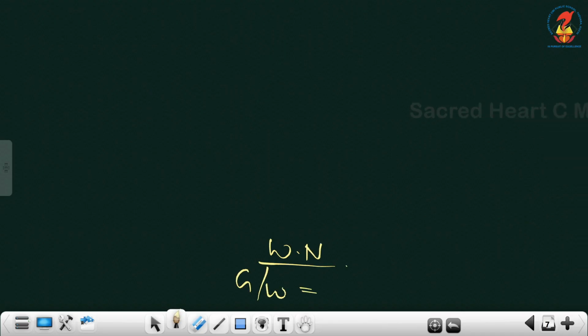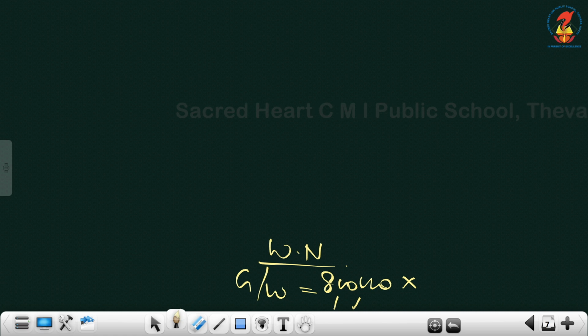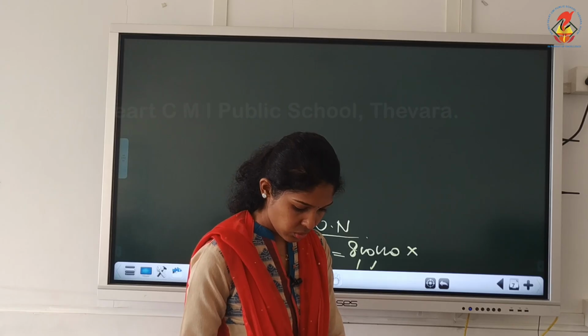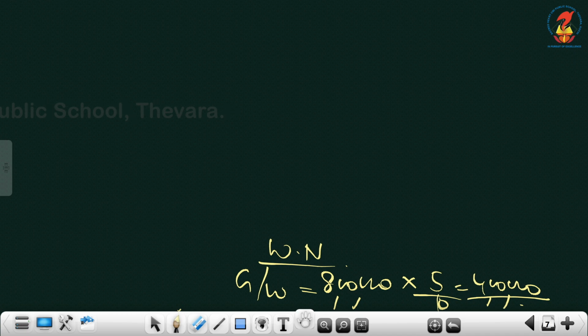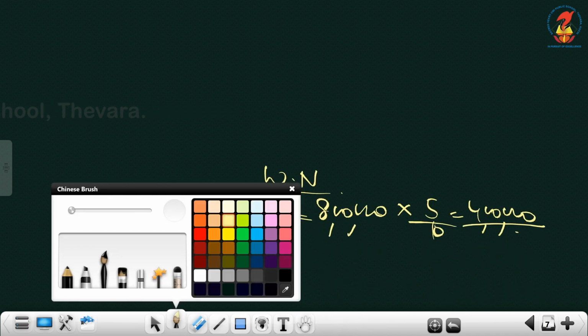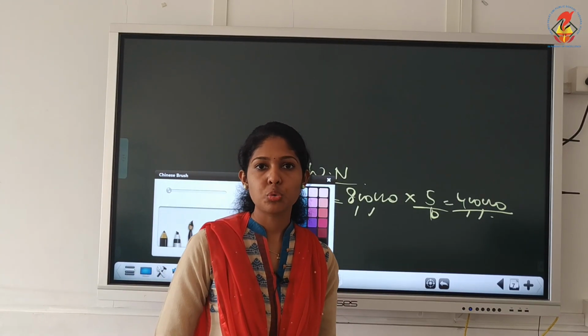And now goodwill of the firm is given as 8 lakhs. We should first get Sushma's share. Sushma's share is 5 by 10, so that is 4 lakhs, which we have to divide in the gaining ratio. Is there any new ratio? Yes, new ratio is there.